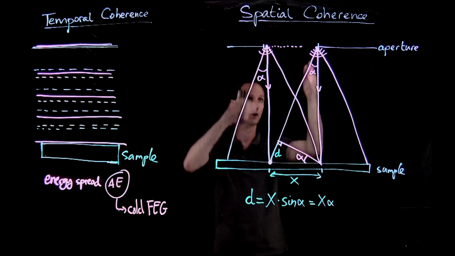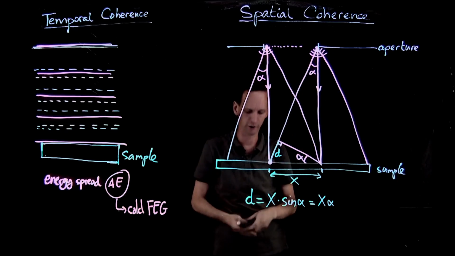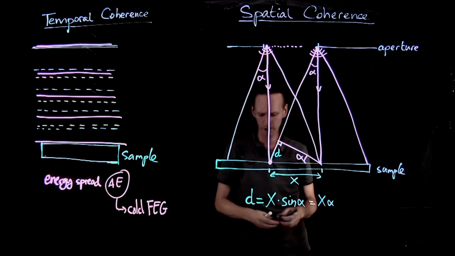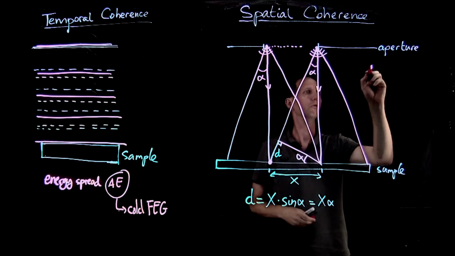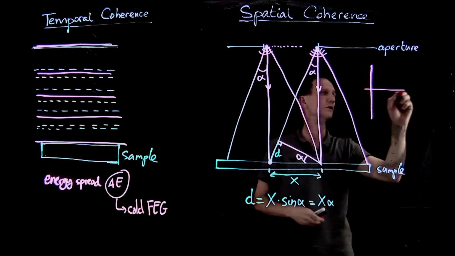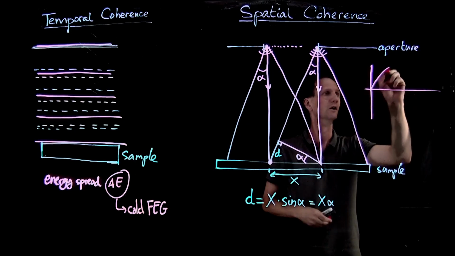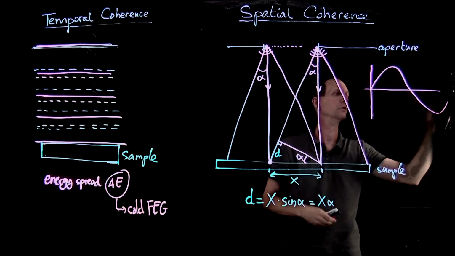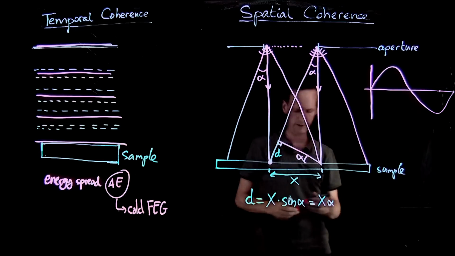Now in order for the superposition of these two waves to still show a bit of coherence, we can see from the properties of a wave, so the phase will be like this.